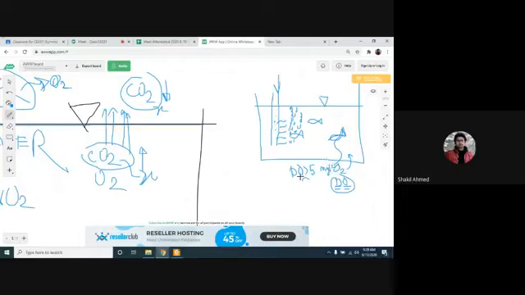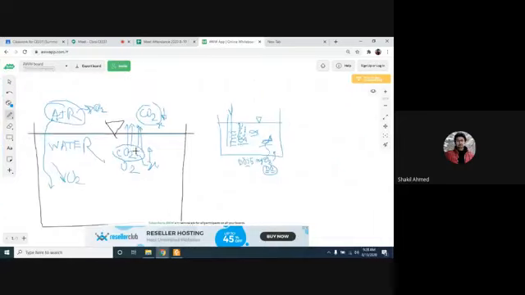Otherwise, if it's below 4 or 3, they will die. So that's the reason why you continuously add air in the water to increase the transfer of oxygen from air to water. And that is basically dissolved, so we call it dissolved oxygen. Is it clear?